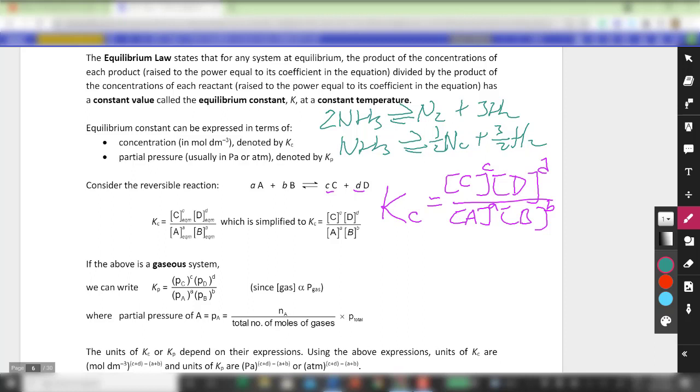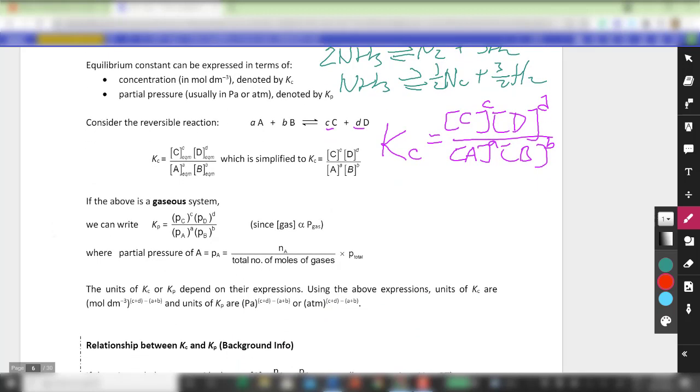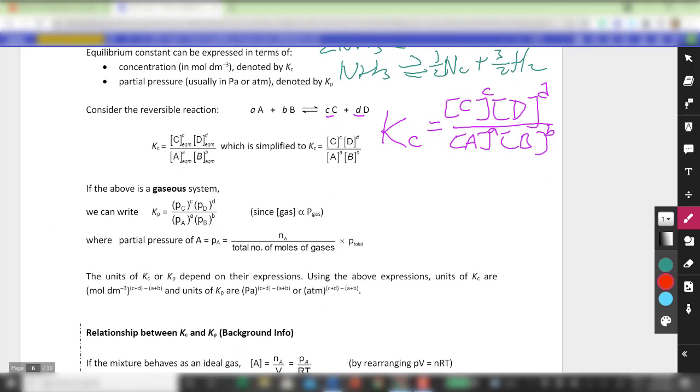All right. With the same idea, we can also write an equilibrium expression in terms of partial pressure. So instead of Kc, we'll write it as Kp. Let's say A, B, C, and D are gaseous reactants.